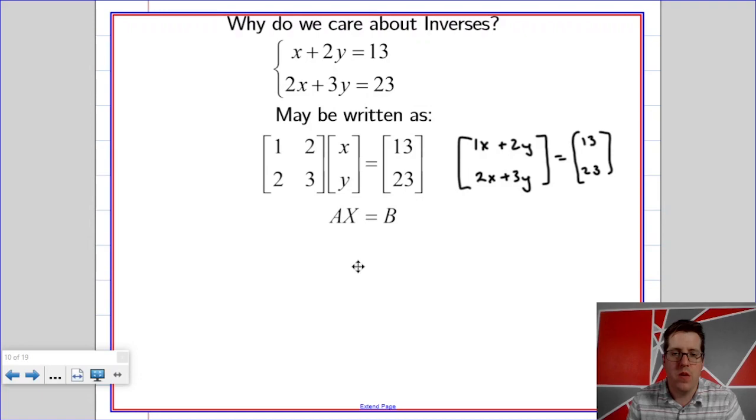Now, the reason that that's useful is because now we can write our unknown as a variable in an equation. Not 2 variables in an equation, but 1 variable in an equation. The coefficient matrix times the variable matrix equals the constant matrix.